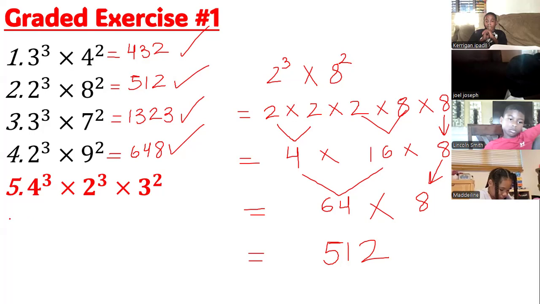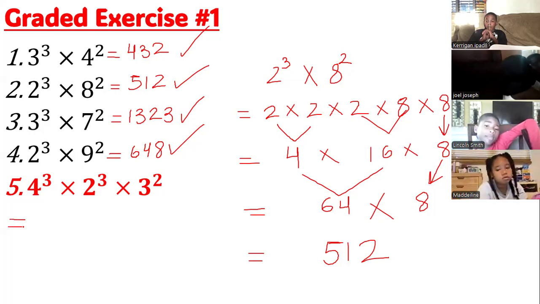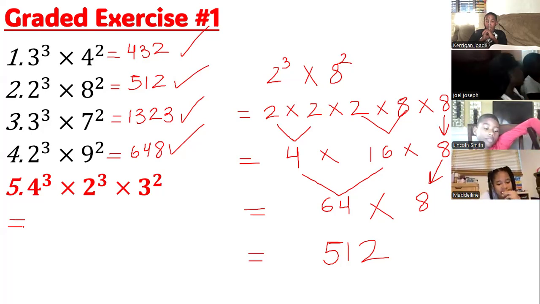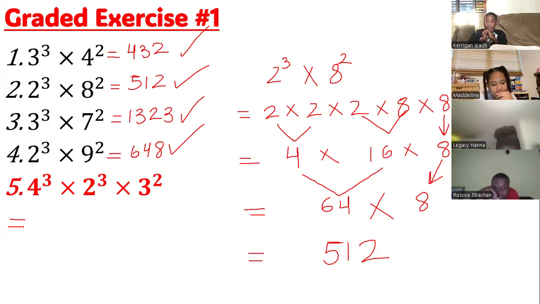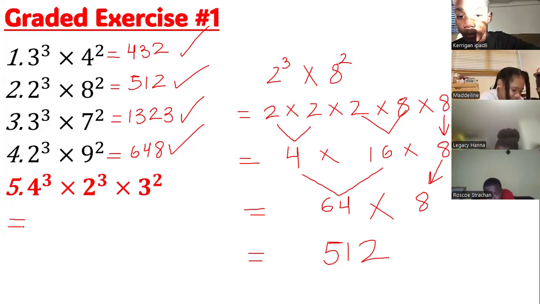The bonus question. What did y'all get for the bonus? 4,608. Yes, what they said. Kerrigan, did you do number 5? Yes, sir.